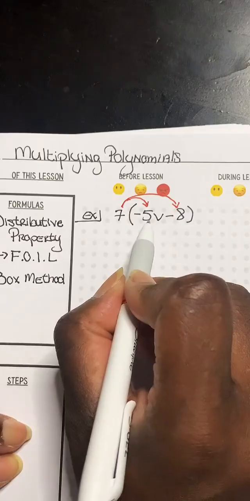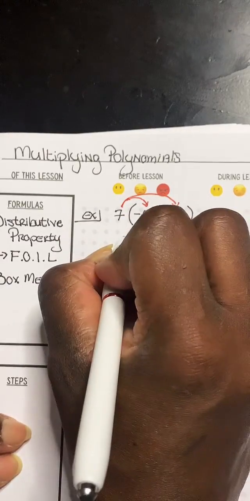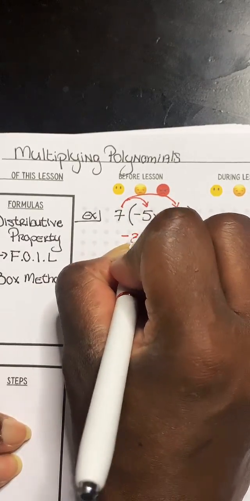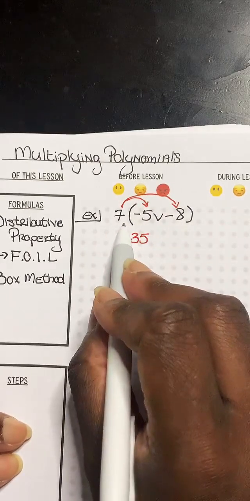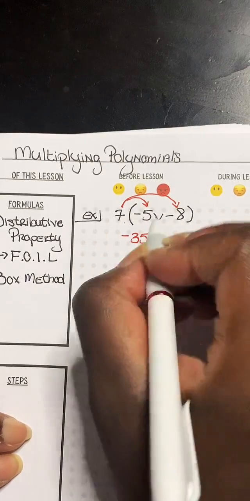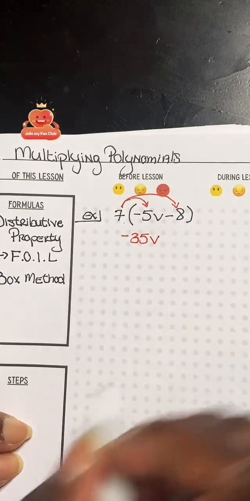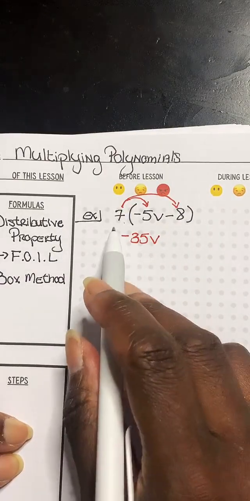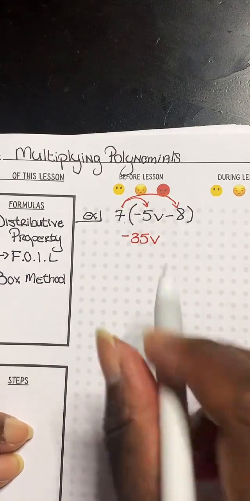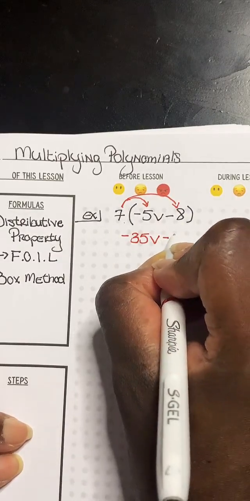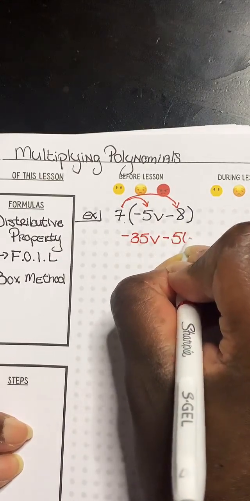So positive 7 times negative 5 gives me a negative 35. The 7 doesn't have a v, but the 5 does, so that v comes on down. Then we have 7 times a negative 8, which gives me a negative 56.